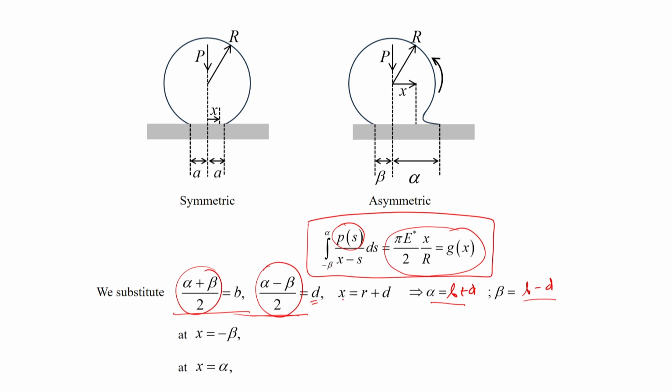For example, I substitute x is equal to r plus d. Now at x is equal to minus beta, minus beta will be equal to r plus d. So r is equal to minus beta minus d.